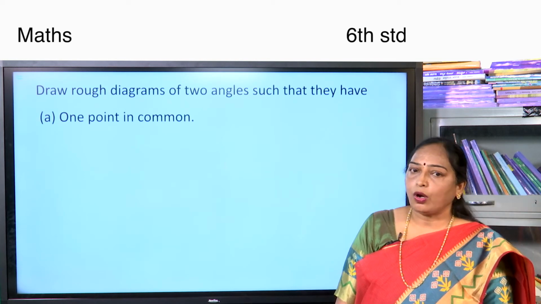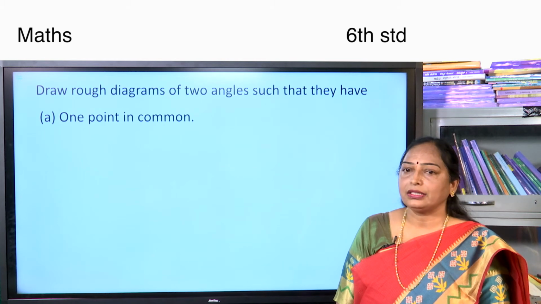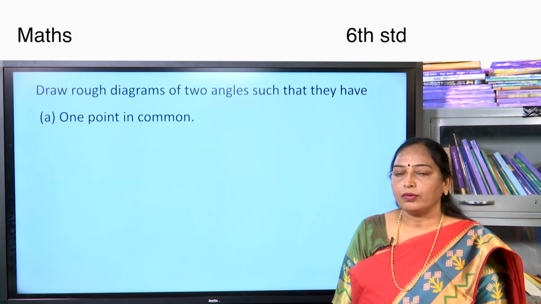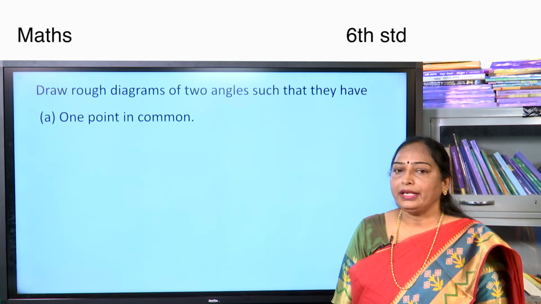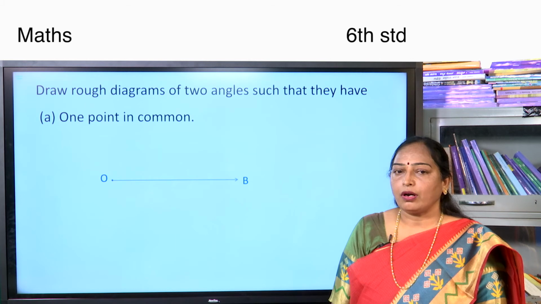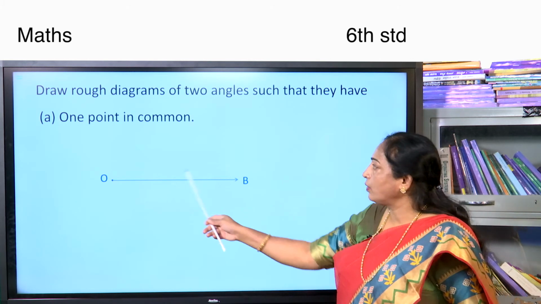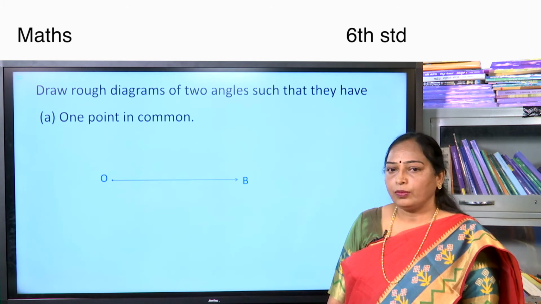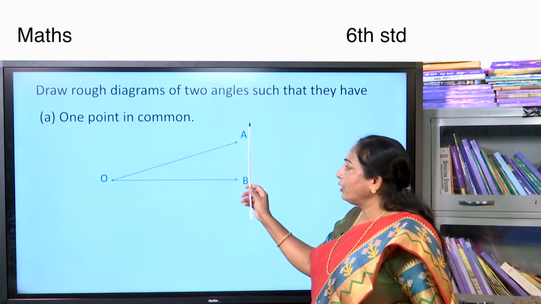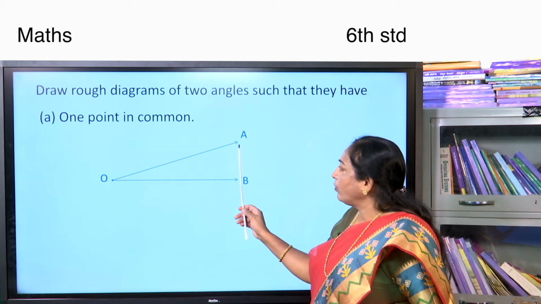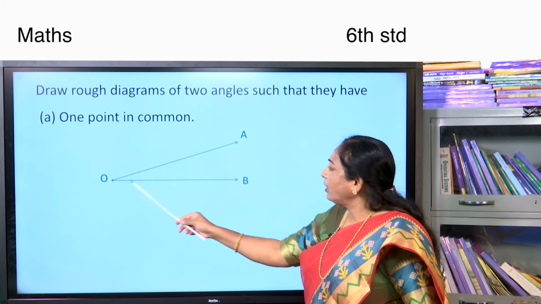Children, let's draw rough diagrams of two angles such that they have one point in common. Try to draw in your notebook. For this, first we will draw one ray, that is OB. One more ray, OA. Now we get the angle AOB.